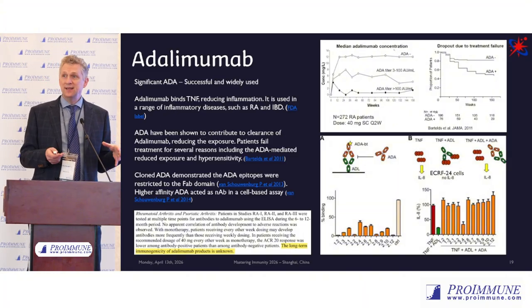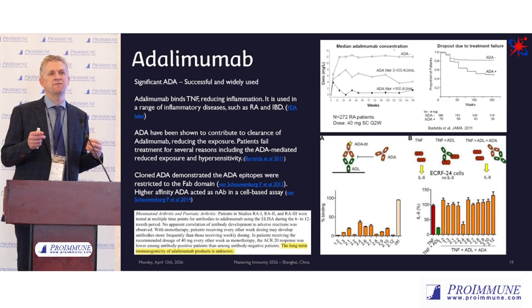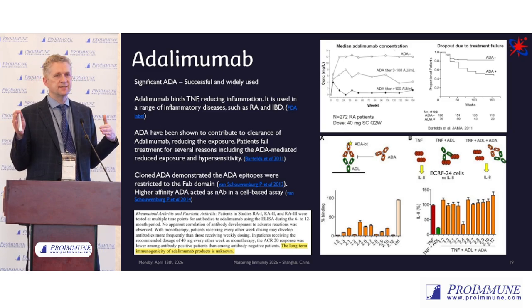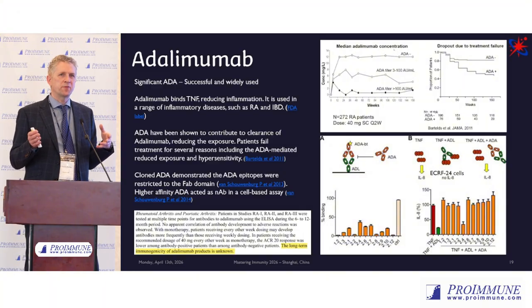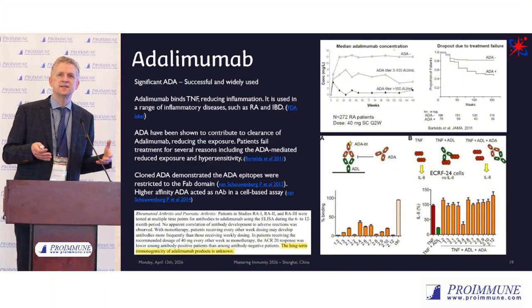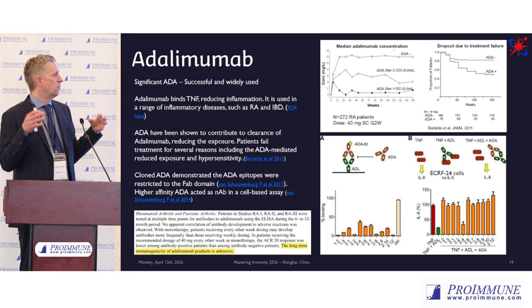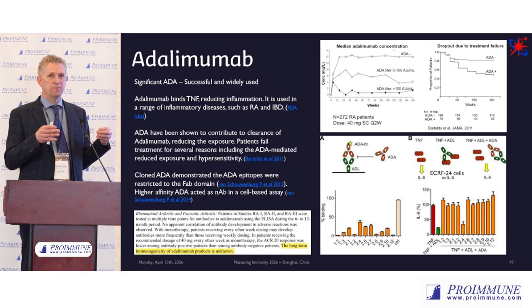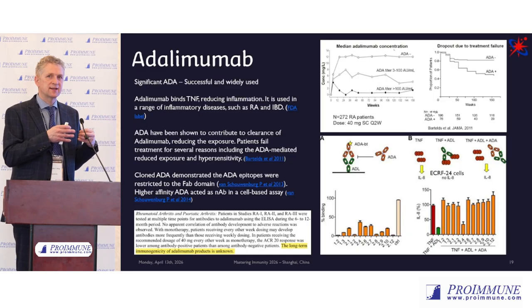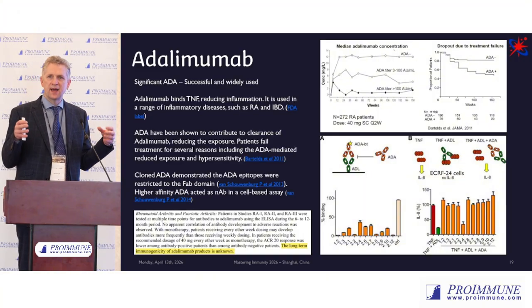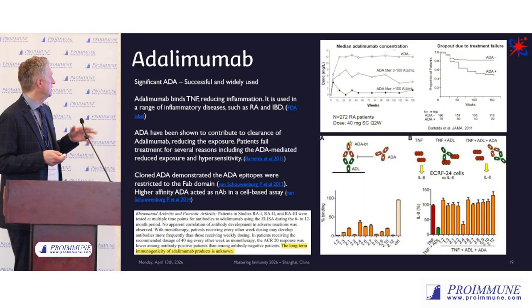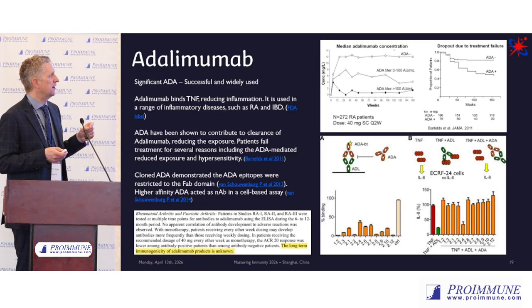Depending on your project area, this may be significant as to whether you are getting binding that has relatively little effect, sort of affinity matured where you might have more direct impact because you're neutralizing directly, or a broader array of antibodies. If you've got many epitopes, that will lead to clearance. So you need to take all of these things into account.